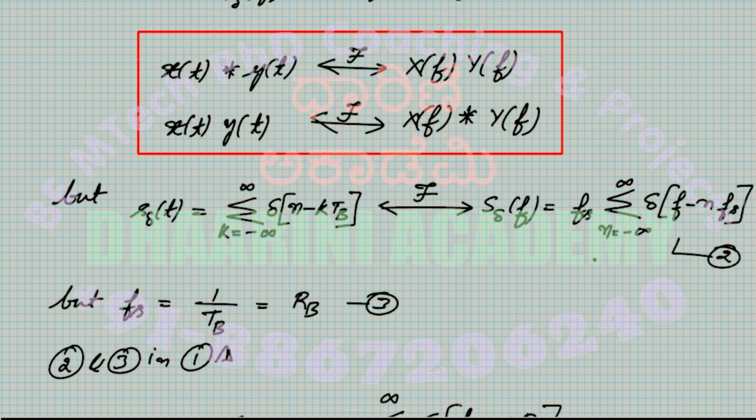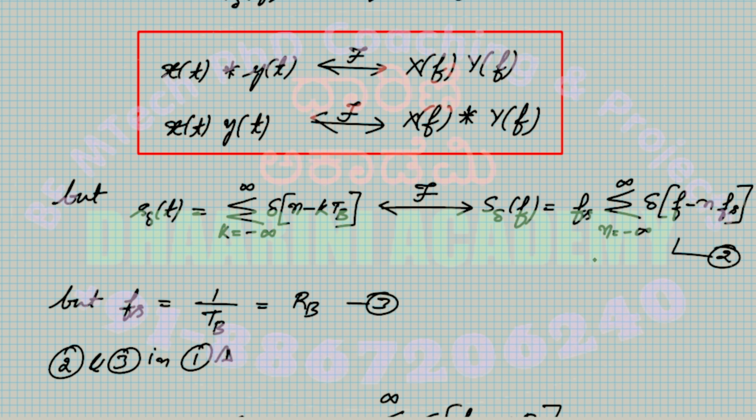Only thing is that there is a scaling factor equal to fs, whatever is the sampling rate, that gets multiplied. Okay, so s delta of f is equal to fs summation n from minus infinity to infinity delta of f minus n into fs, where fs is called the sampling frequency, also called the rate of transmission, Rb, bit rate or symbol rate, that is calculated as 1 divided by the time duration, that is Tb.